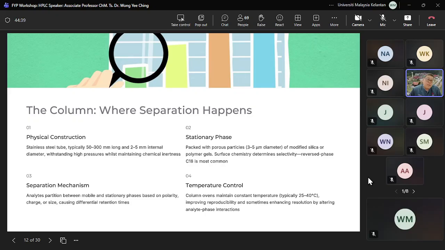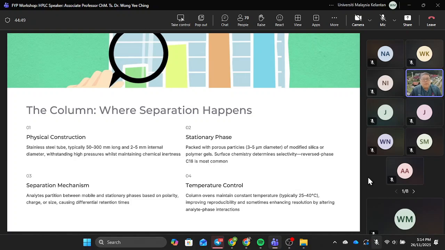Regardless of the column, you also need proper pressure as well as your carrier. We usually like using the words stationary and mobile phase. The stationary phase will be your column, and the mobile phase will be whatever carrier that you are going to use. In this case, HPLC will be in liquid.